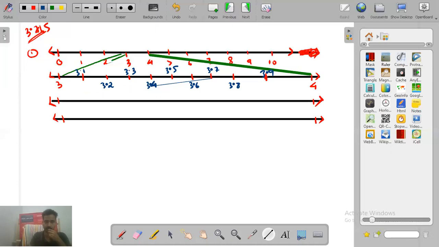Let me change the color. It will be 3.7 and 3.8. Yes or no? Okay. Now we have to divide these into 10 equal parts. Suppose, let me take the gap a little bit more.